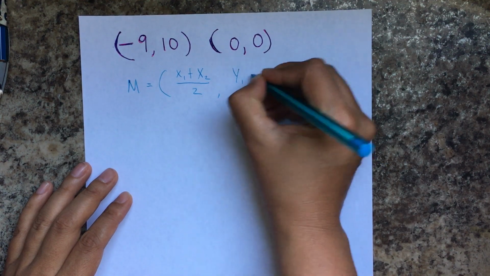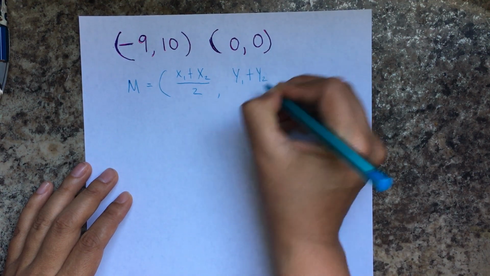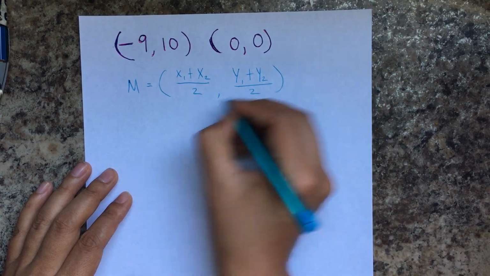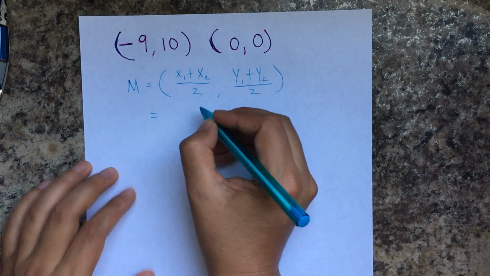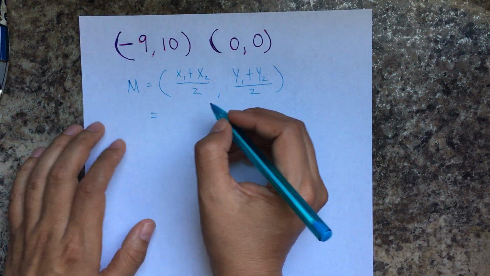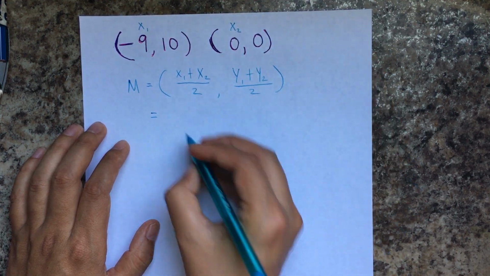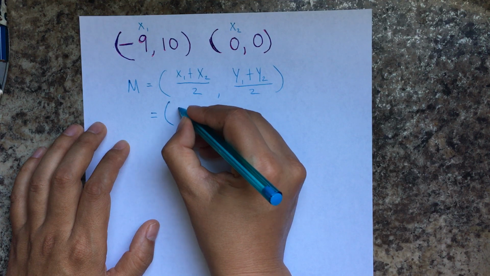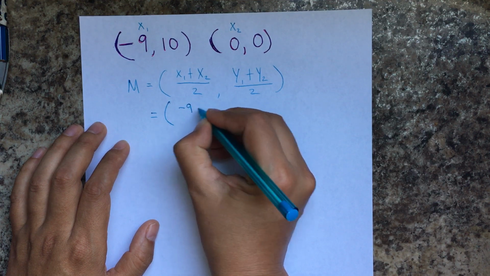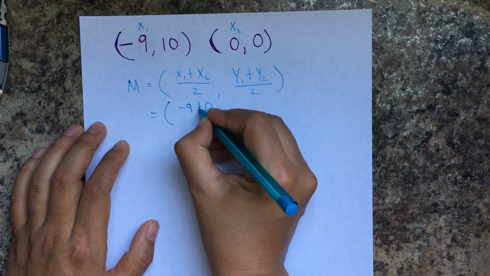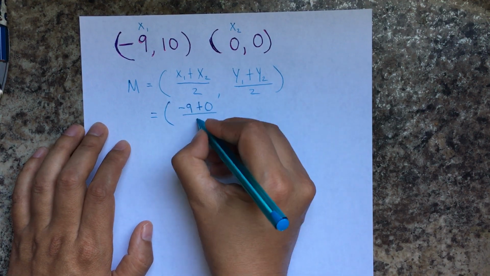And for my y coordinates, y1 plus y2 divided by 2. And so I proceed to substitute. My two x's is the first number in here and the first number in here. So it's going to be negative 9 plus 0 divided by 2.